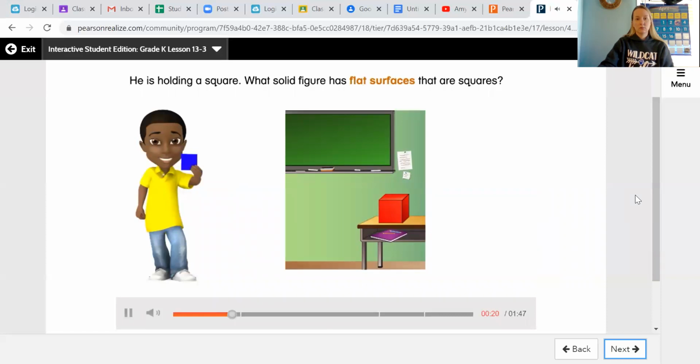What solid figure has flat surfaces that are squares? Think about that for a minute. What solid figure in this picture has flat surfaces that are squares? Let's find out. Cubes are solid figures that have flat surfaces that are squares. Each side of the cube is the same.